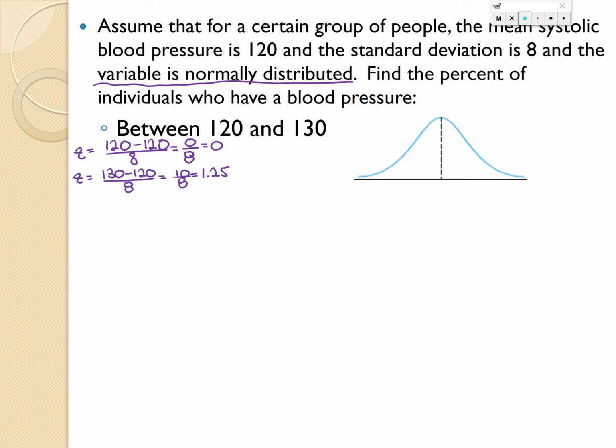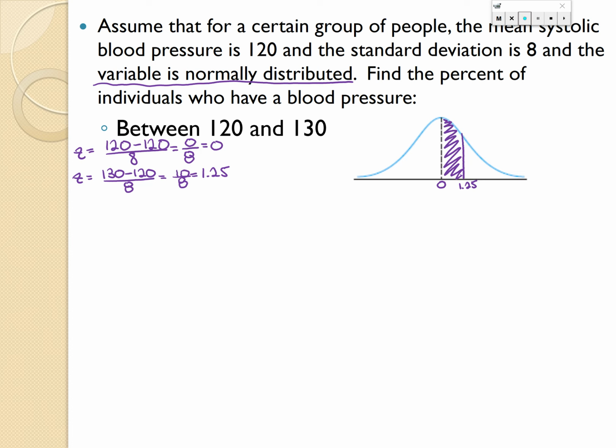So we have two z-values. We want to find between them. So I have a z-value of 0. 0 is always at the middle. Positive 1.25. And we want shaded between. We want to find the area between those.